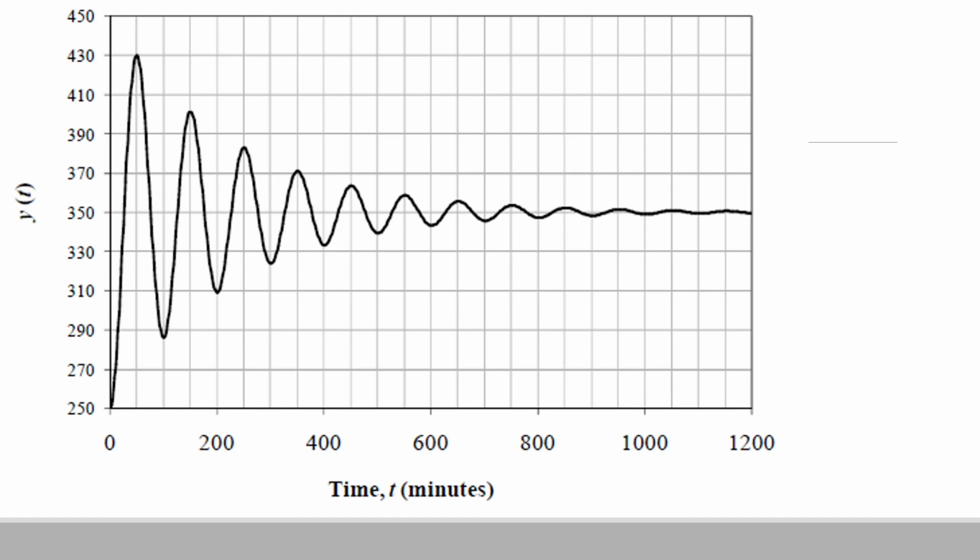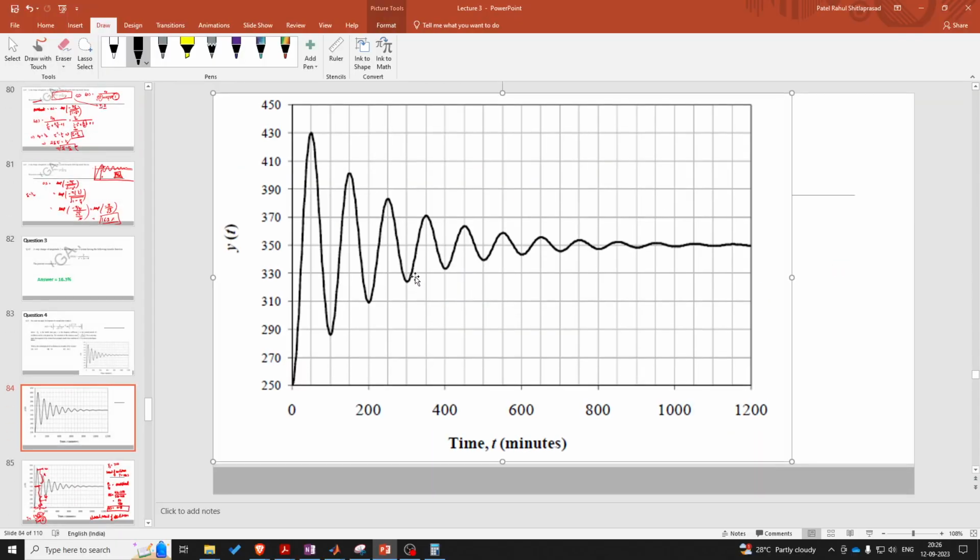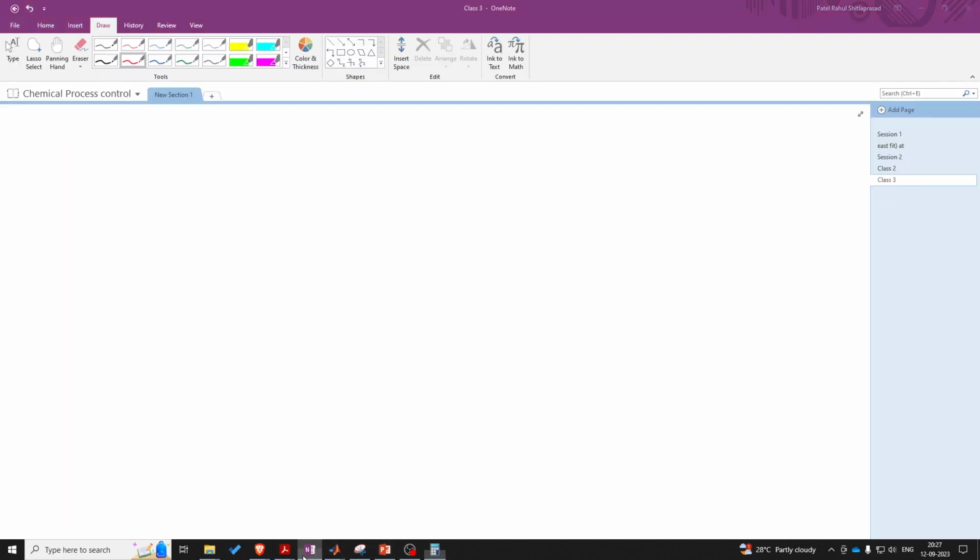Okay, I will explain the solution. So given this plot, we have to find the natural period of oscillations, that is tau. So I'll just copy this plot.